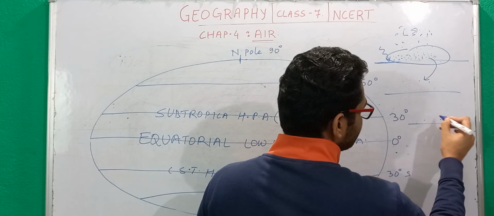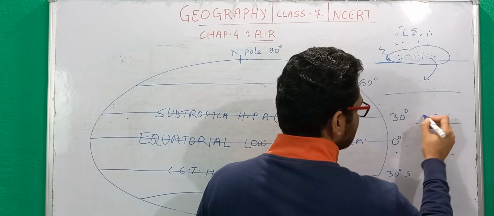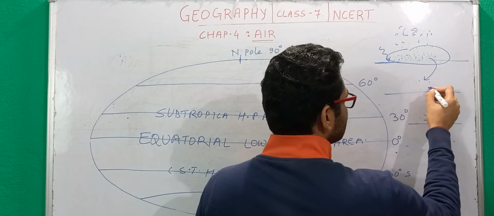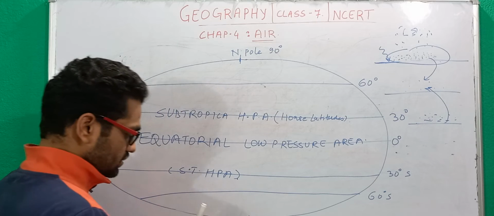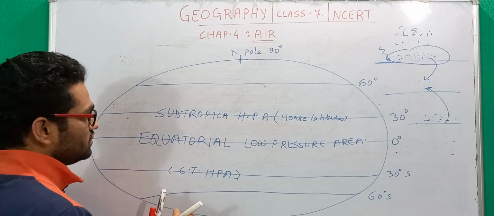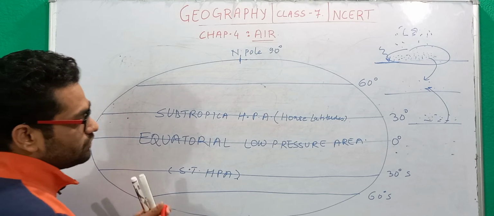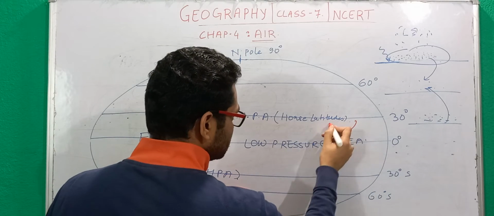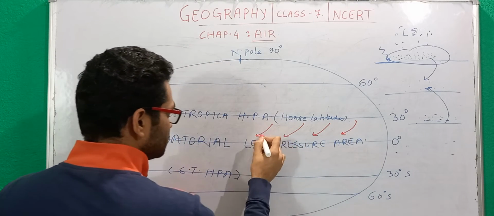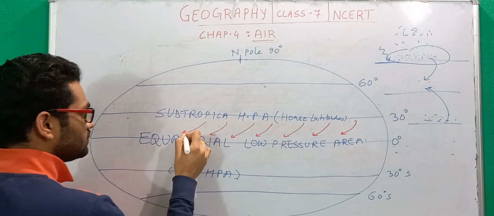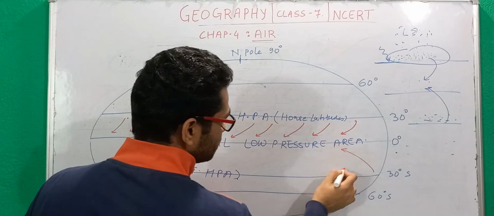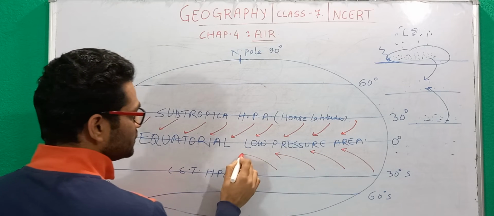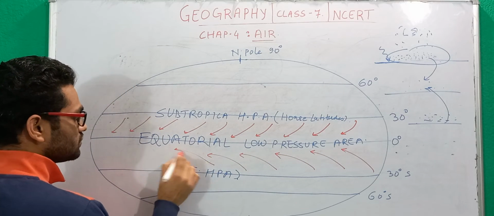Similarly, in the southern hemisphere we also have a subtropical high pressure area, so wind will flow from there too. The wind concentrated at the subtropical high pressure area will start moving towards the equator. And similarly, from this area also you will find wind flowing towards the equator.